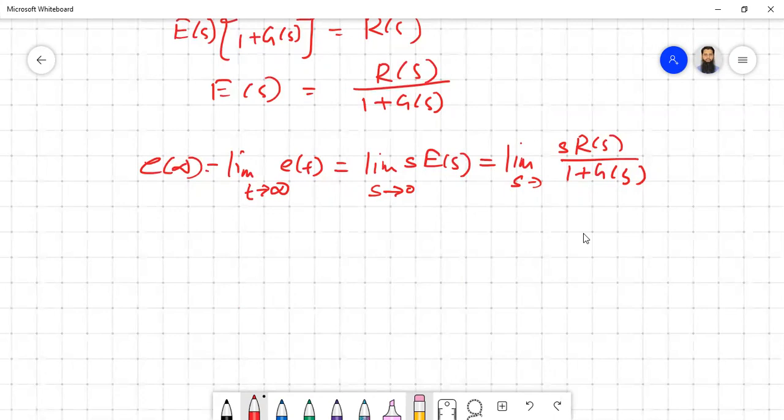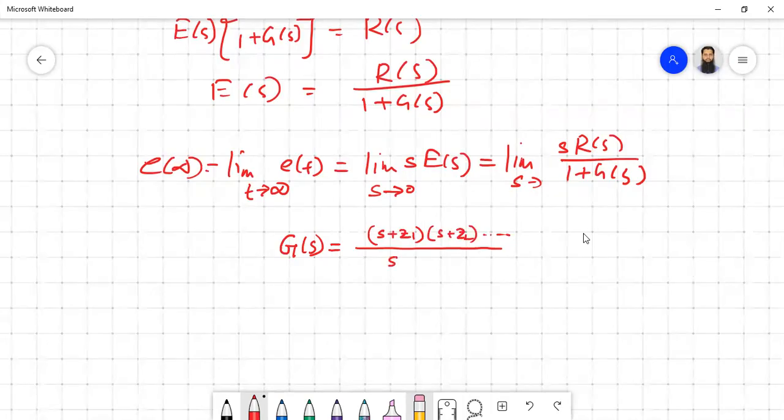Before that, say that we have a generalized G(s). So say G(s) is equal to something like this, it has some zeros, s plus z1, s plus z2 and so on.